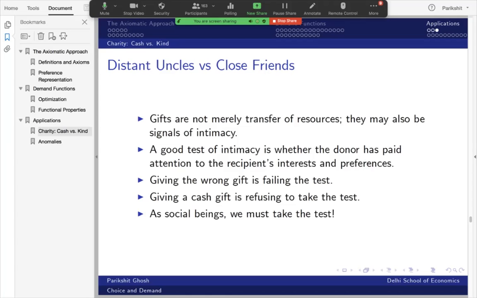If you give the wrong gift, you've failed the test. But if you give a cash gift, you've refused to take the test, and nobody ever passed a test by refusing to take it. So if we're social beings, we have to take the test.